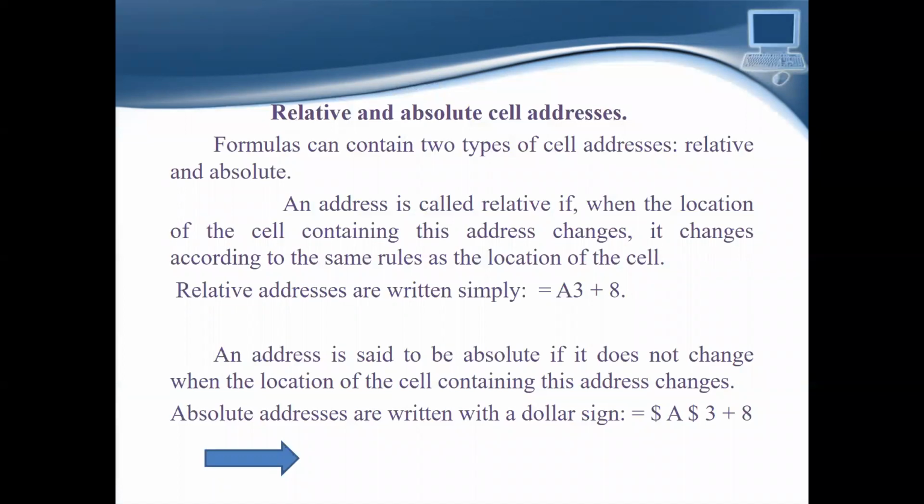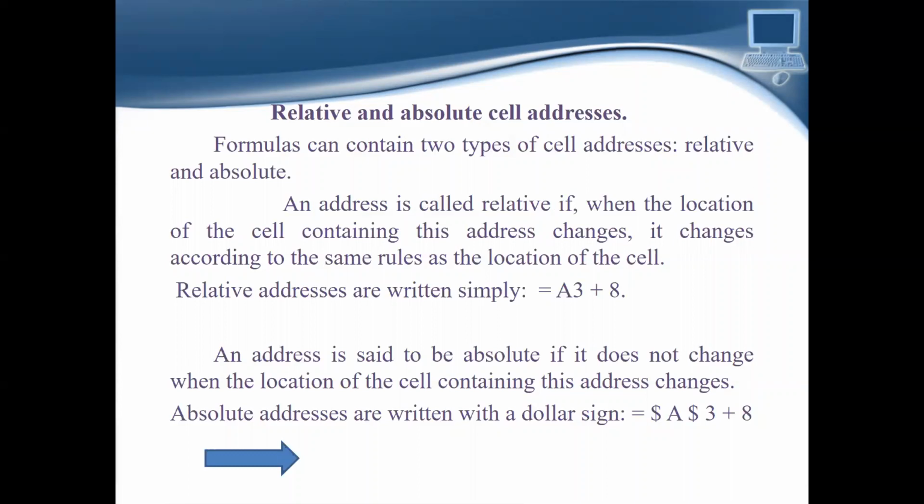Here are shown the relative and absolute cell addresses. There are 2 types of addresses. An address is called relative if, when the location of the cell containing this address changes, it changes according to the same rules as the location of the cell.